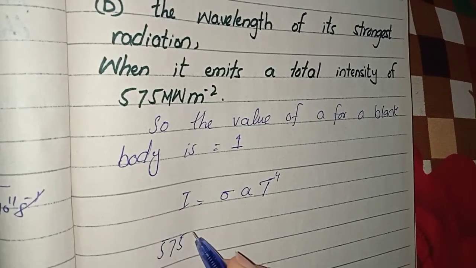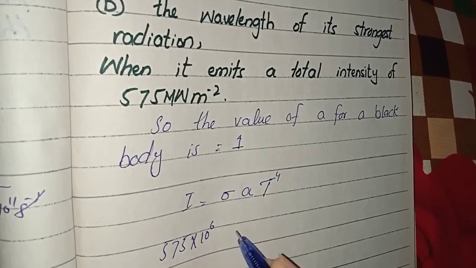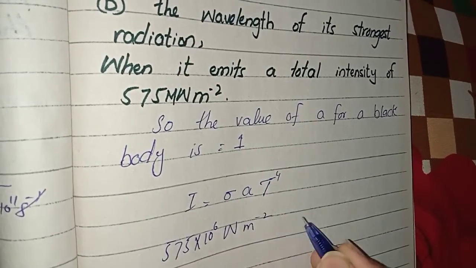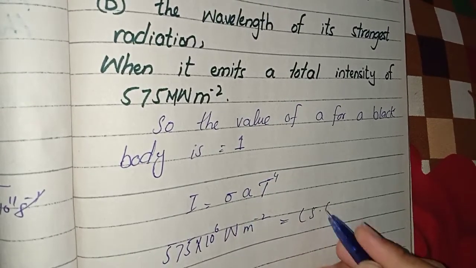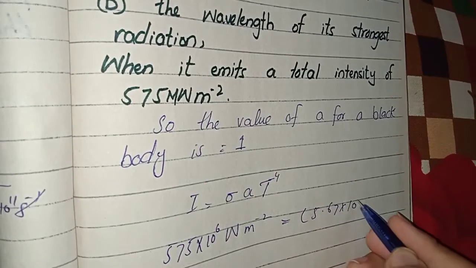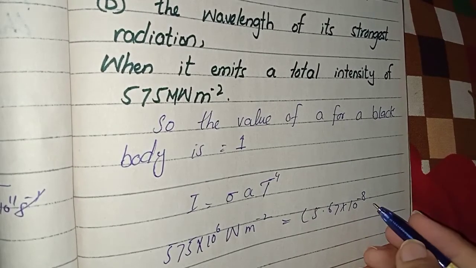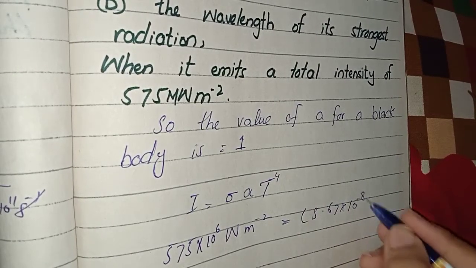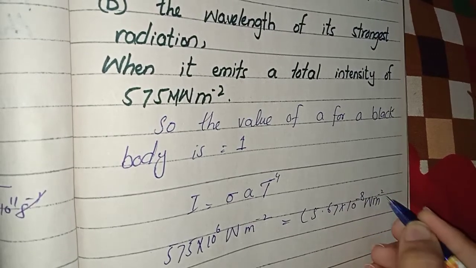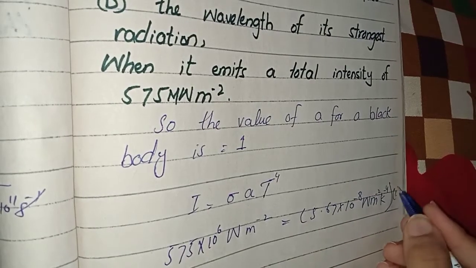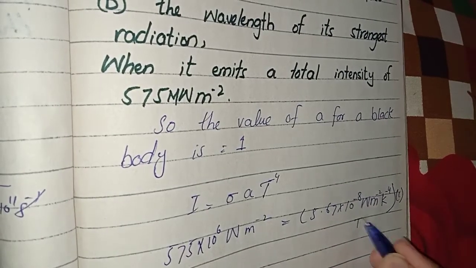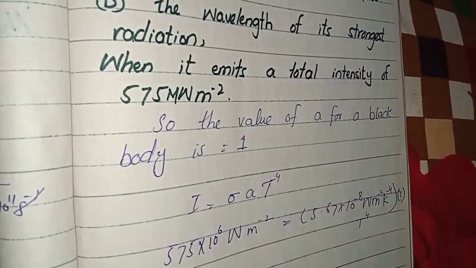Intensity is equal to 575 mega, which is 10 raised to power 6 watt per meter square, and the value of sigma is equal to 5.67 into 10 raised to power minus 8 watt per meter square per Kelvin to the power 4. The value of A is equal to 1 for a black body, and T we have to find, so it will remain as it is.